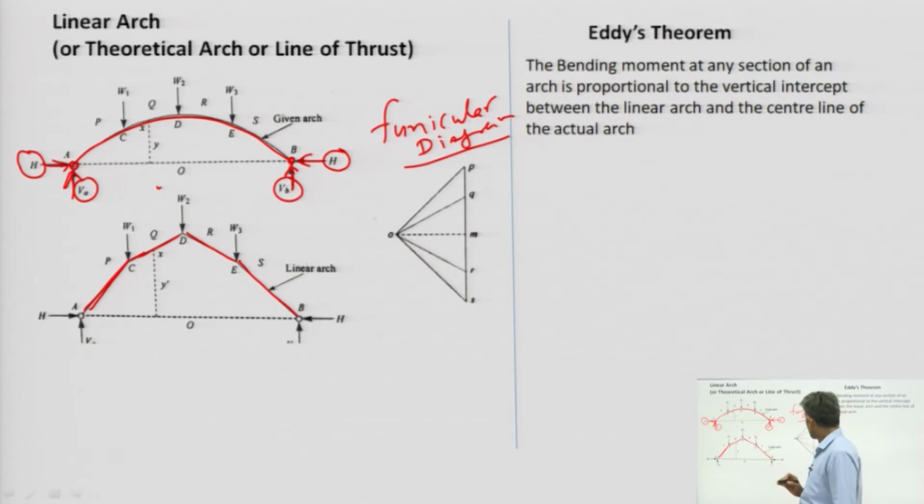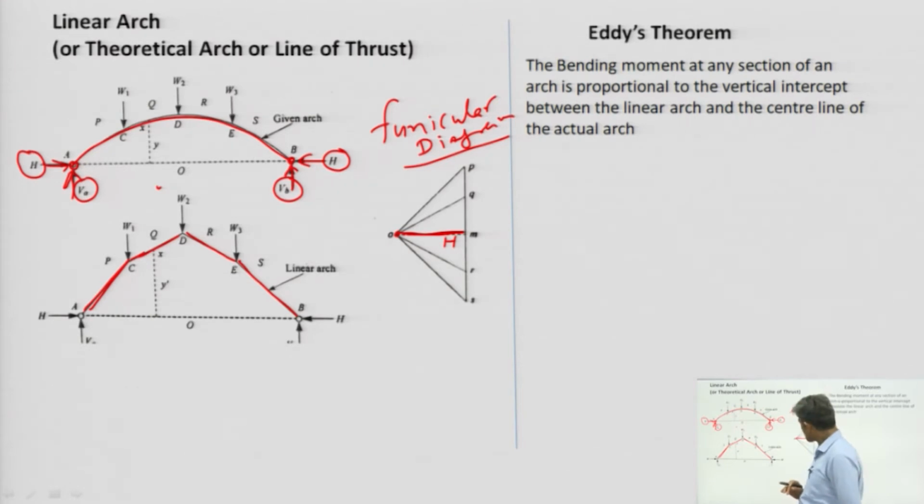How can it be plotted? It can be plotted with this diagram. In this diagram, this is a center point, focal point O, and make a horizontal line H in some particular scale. After the calculation of support reactions in the given arch, we are going to make the theoretical arch for this particular given loading.